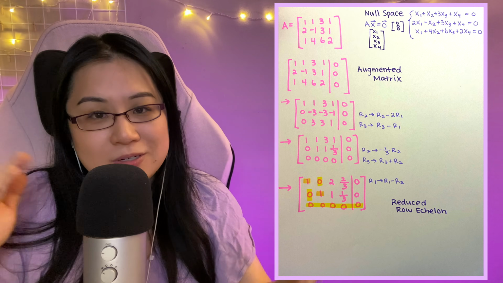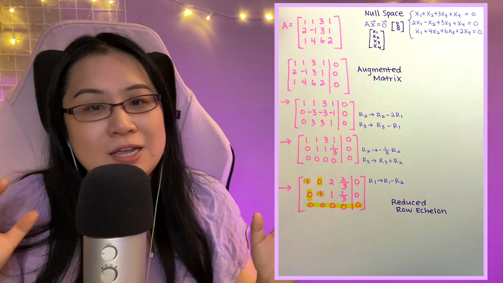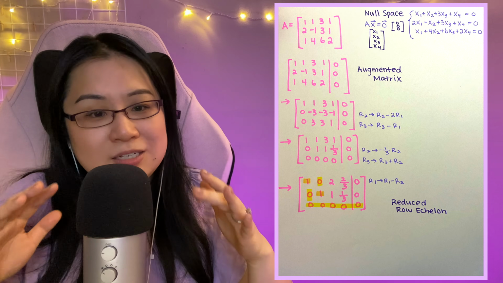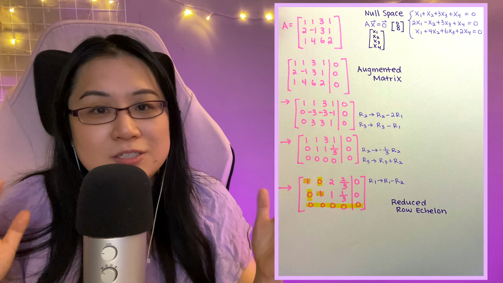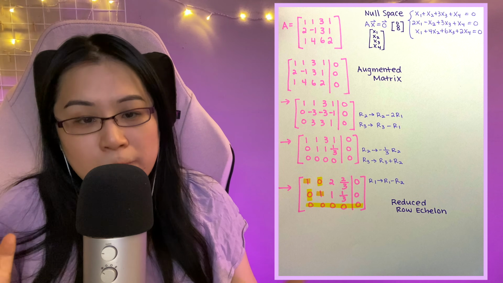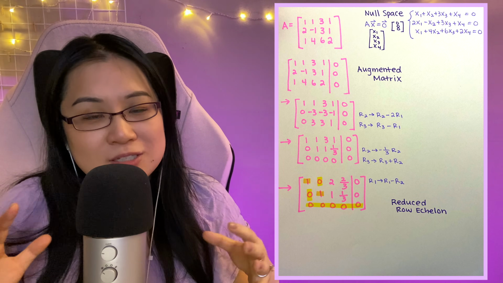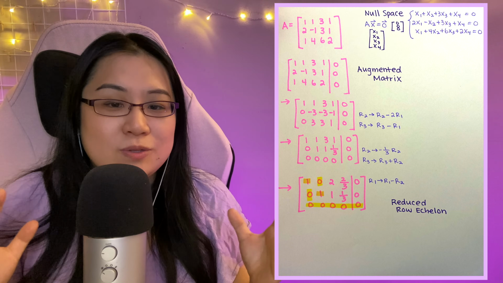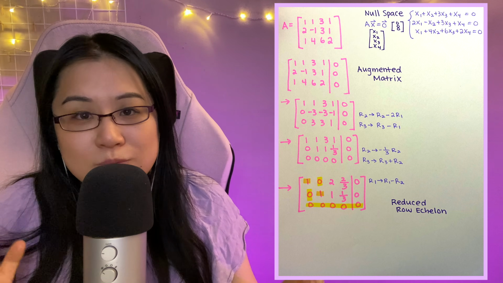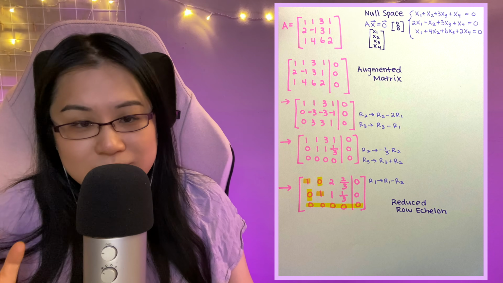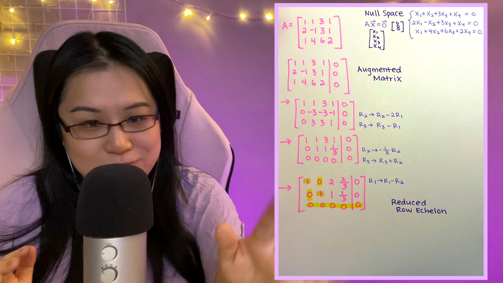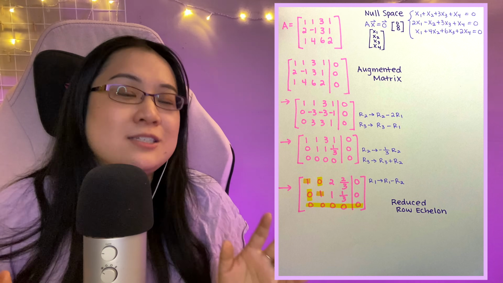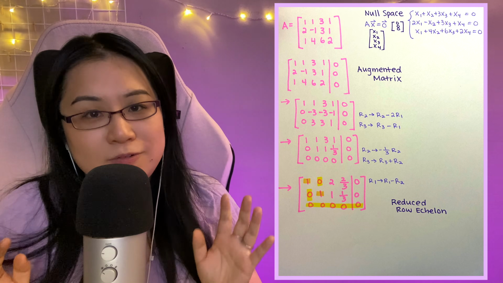And we're going to mess around with it until we get a simplified matrix that's equivalent and that represents an equivalent system of equations. And we want to reduce this thing as much as we can. So that's going to be called our reduced row echelon form.